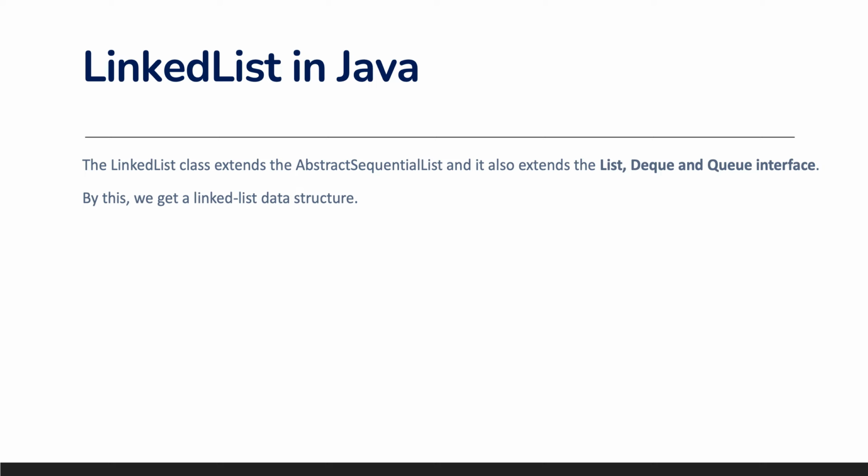So by this we get the LinkedList data structure. Basically, the LinkedList implementation is provided on top of the LinkedList data structure. So whatever functionality is available in the LinkedList data structure is going to be available through the LinkedList class in Java. Okay, so we will see all of the methods available inside this. Another point we have to know is that the LinkedList data structure is a linear data structure where the elements are called nodes.